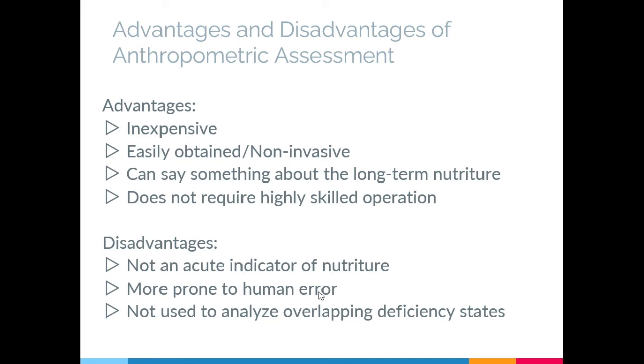Kung sobra-sobra pod imuhang caloric intake for a long time, then that would result to obesity, and mao nang ma-detect sa antro kay weight is part of the basic measurements of antro, but it cannot detect like iron deficiency, no. We need to use other methods of assessment para ma-detect na to ang, for example, iron deficiency or iodine deficiency. Yeah. And those are the measurements that we are going to tackle next. Okay.